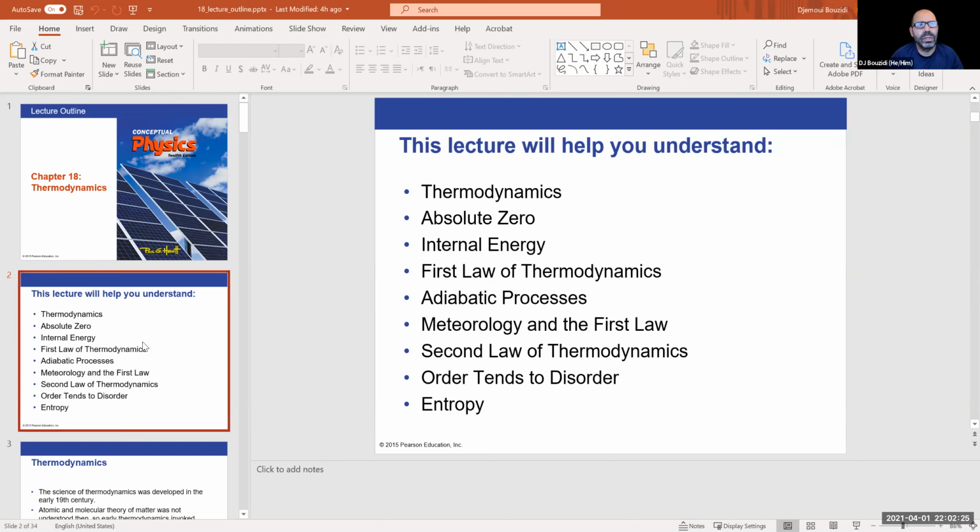Thermodynamics, as I said before, is a science that was put together, or at least the person who started it was an engineer, and it has so many ideas in here.